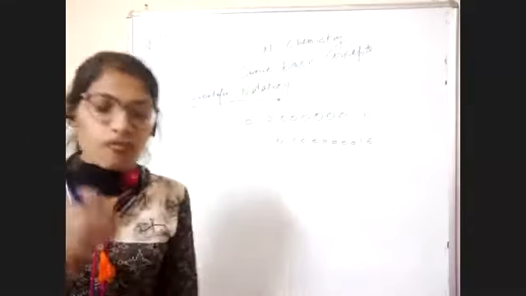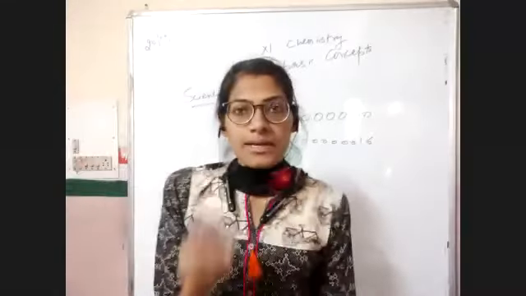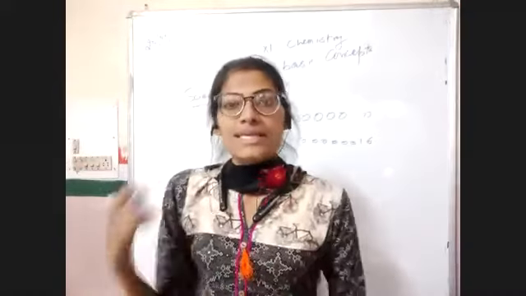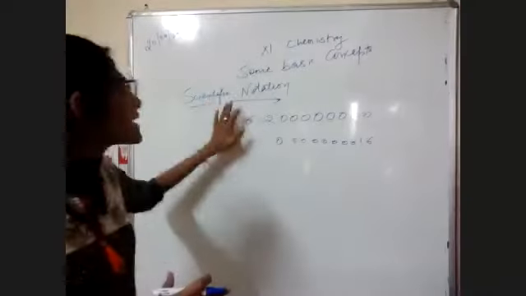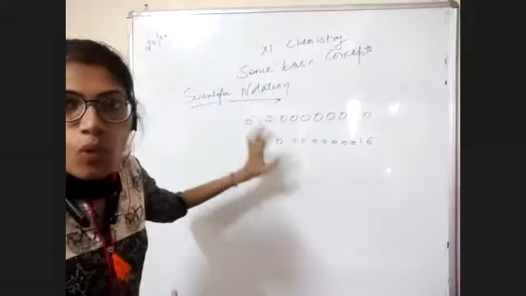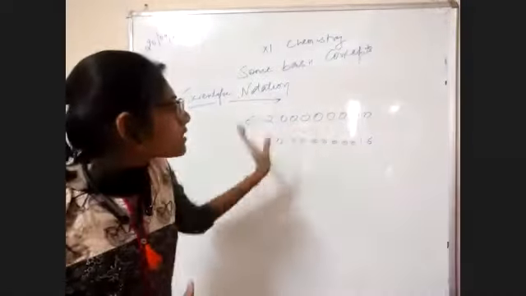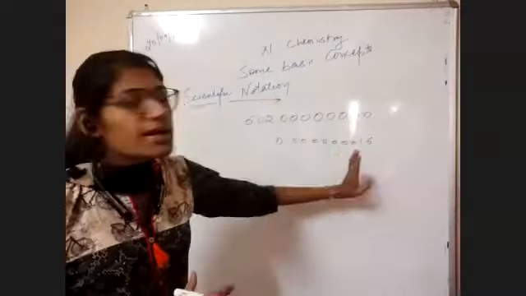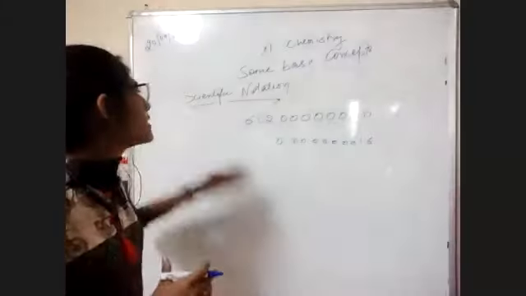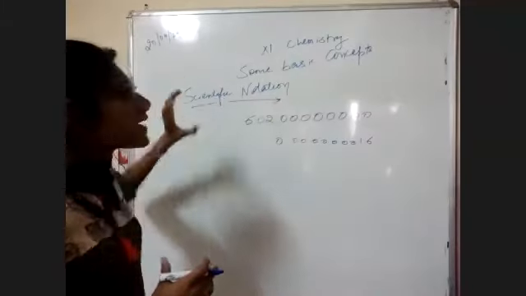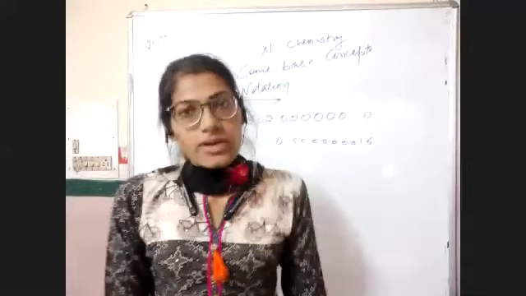So to solve this problem, to come out of this dilemma, we have a new concept that is known as scientific notation. Just to overcome writing so many zeros and so many numbers, we are going to take up this new topic known as scientific notation.